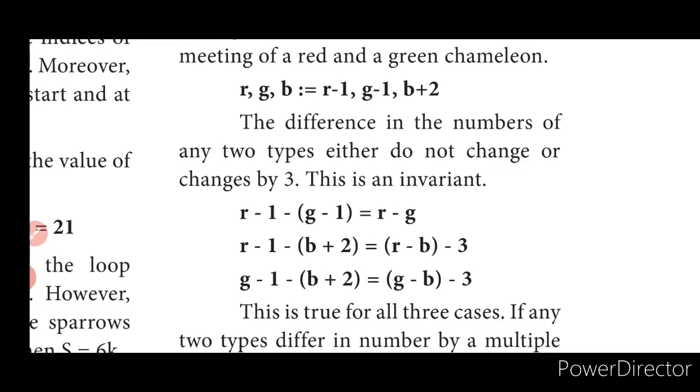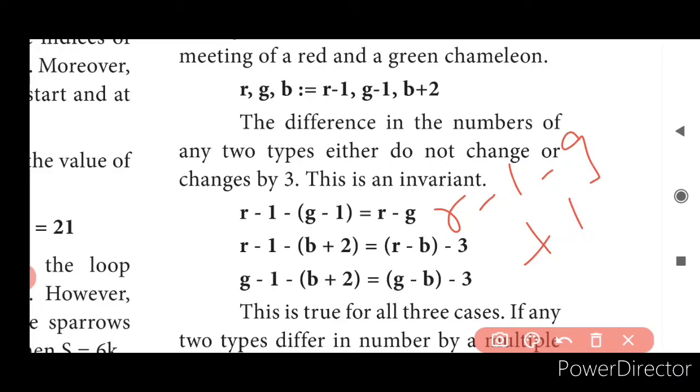So (R minus 1) minus (G minus 1): to find the difference, you will have minus again. So minus G, minus into minus, plus 1. So plus 1 minus 1 will get cancelled and you will have R minus G.